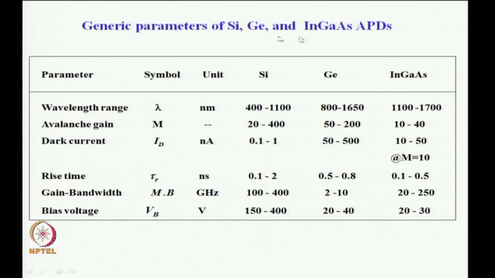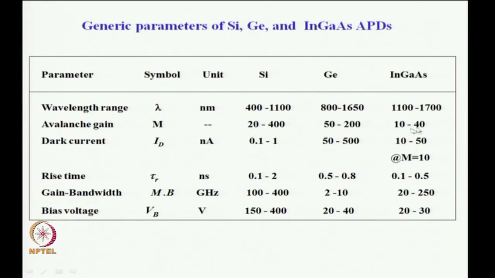Generic parameters of silicon, germanium and indium gallium arsenide APDs. The wavelength range is the same as listed before. The main difference is the avalanche gain. We have current gain here, typically 20 to 400, 50 to 200, 10 to 40.